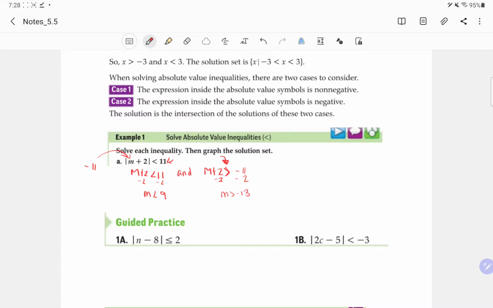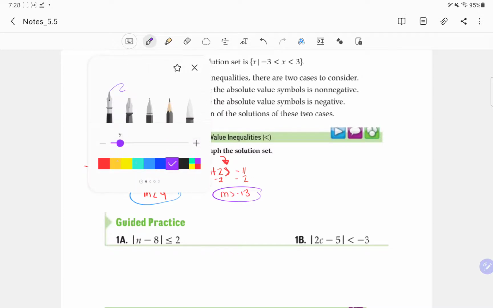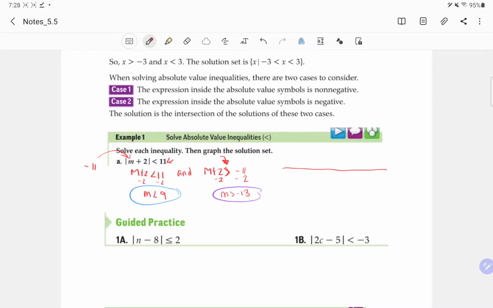Okay, so when you go to graph these, I'll graph this one in blue, and I'll graph this one in purple. I want to put them on the same number line, and you don't have to do them in different colors. I'm just doing it so you guys can see easily. I'm going to put 0 here, and I'm going to count by 2s: 2, 4, 6, 8, 10, negative 2, negative 4, negative 8.